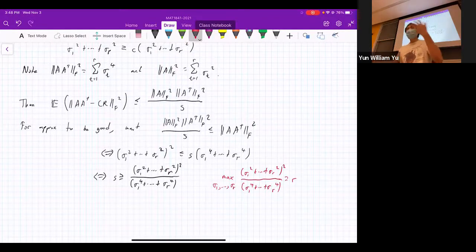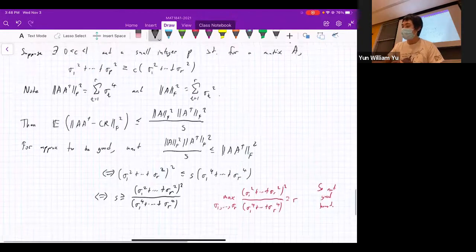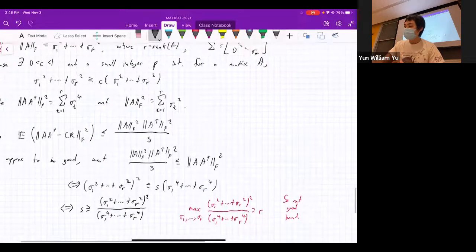This corresponds precisely to the case that we talked about earlier with the identity, where if the mass is evenly distributed, if all your sigmas are equal to 1, you get precisely r. So this is not a good bound. But we have the additional assumption we made up here that these things are a constant fraction.